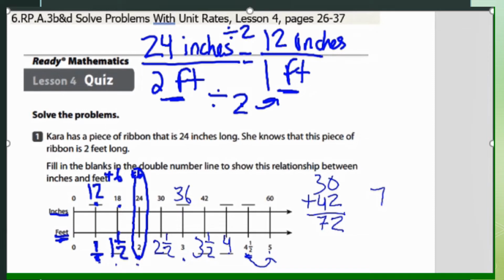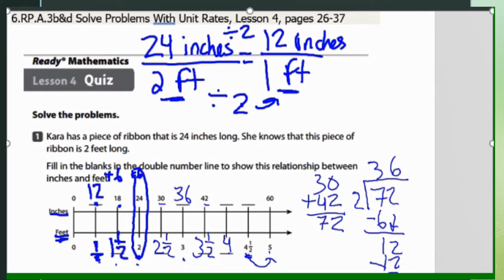And then if I find out what's halfway between those two numbers, I'm going to divide it by 2, and I'll end up with 36. So that's another way to think about it. What's the number halfway between two numbers? You add the two numbers up and divide by 2.